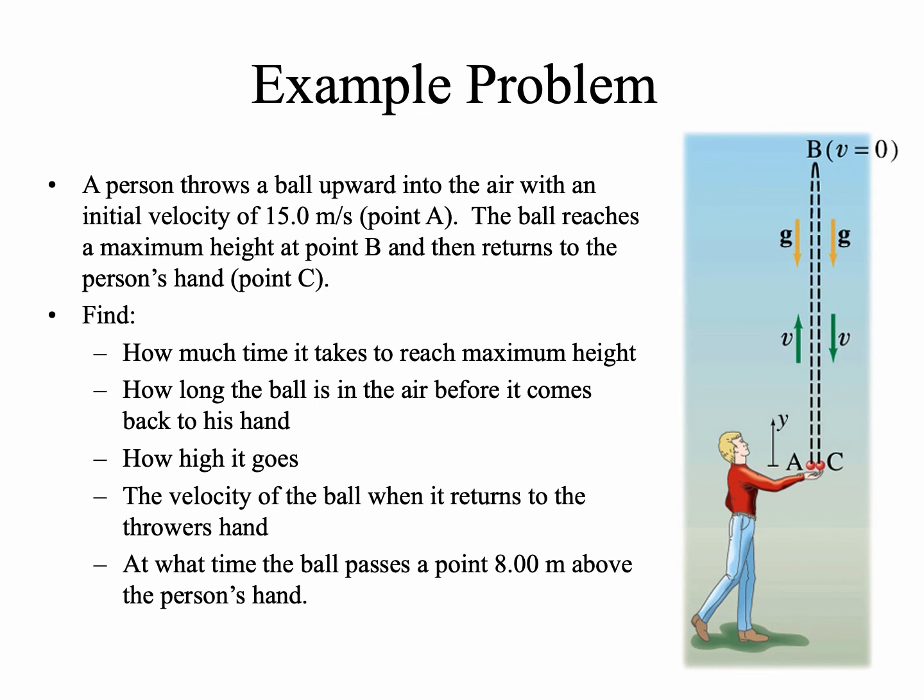Okay, I want to know what is the y value at point B. And I want to know what the velocity is once it returns to the person's hand at point C. And then lastly, assuming the ball goes at least 8 meters above the person's hand, I want to know what time that is. And hopefully you can see there should be a time on the way up and a time on the way down.